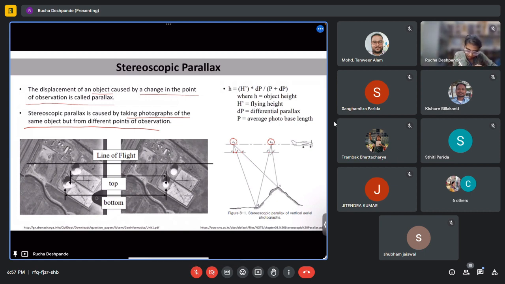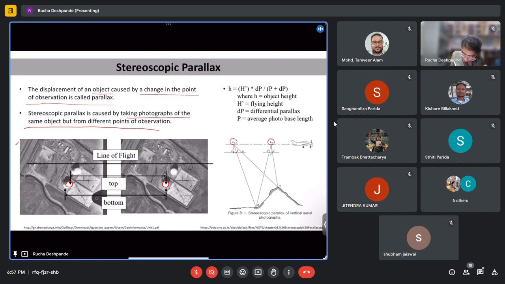So if we look at this photograph on the left, these are the two pictures which are taken from different stations. And here we see that this is the top, and this is the position of the top of that structure in two images.